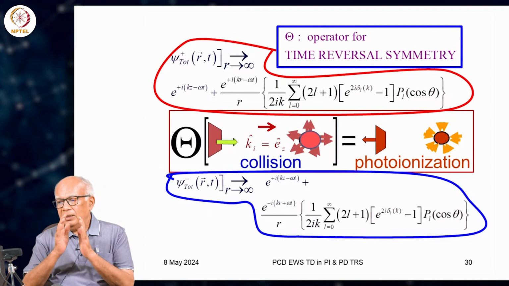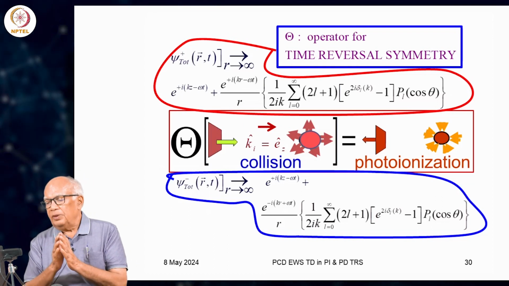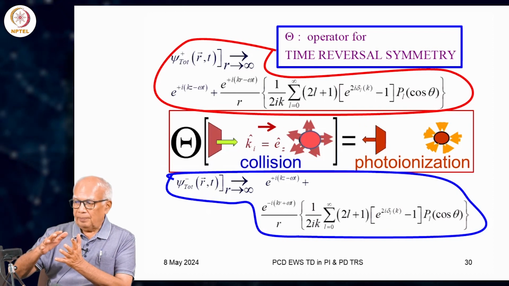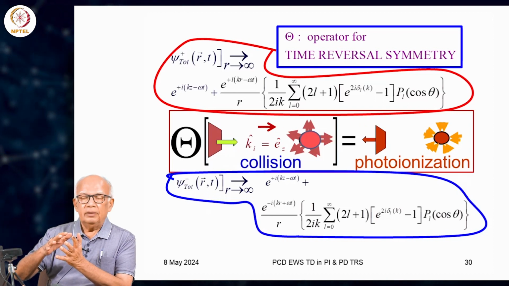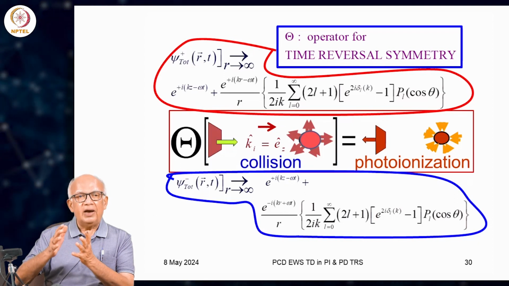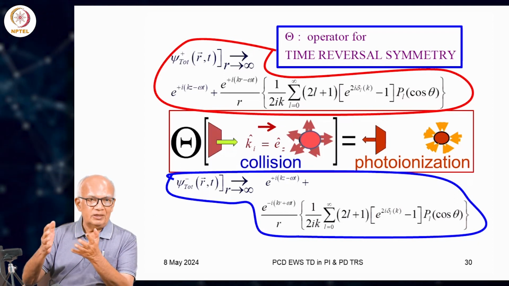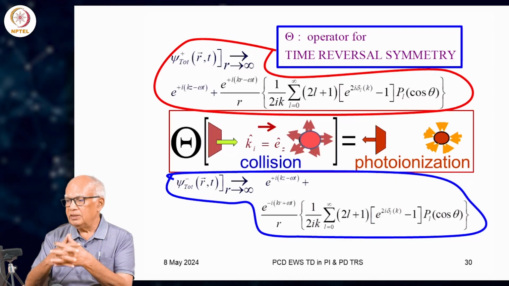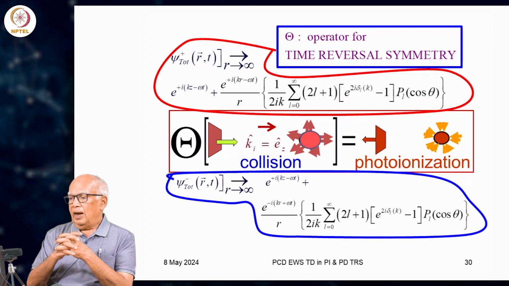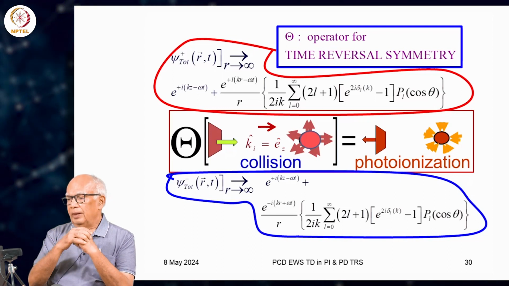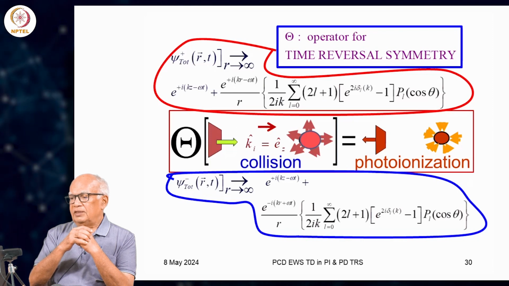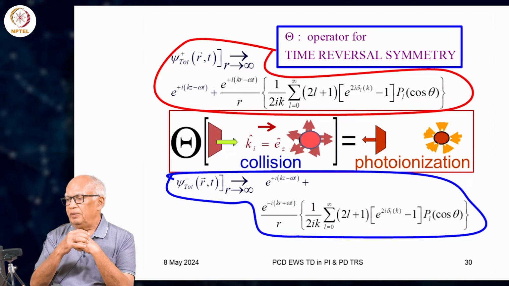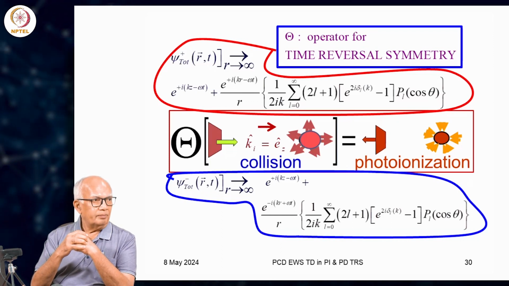Once you apply the time reversal operator to the collision, you get spherically ingoing waves in photoionization, in conformity with the fact that there is no free electron present before it is created as a result of photoionization, and this escapes. But if the z axis in the left figure was from left to right, the z axis in the right side figure has to be from right to left. That is the time reversal.